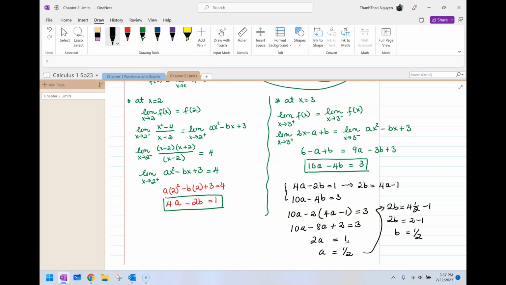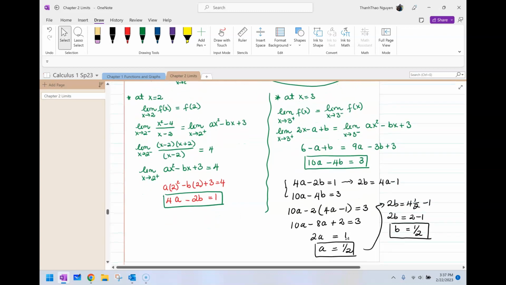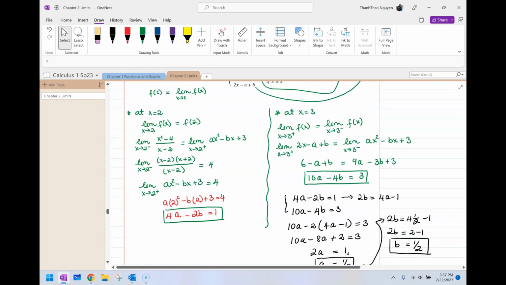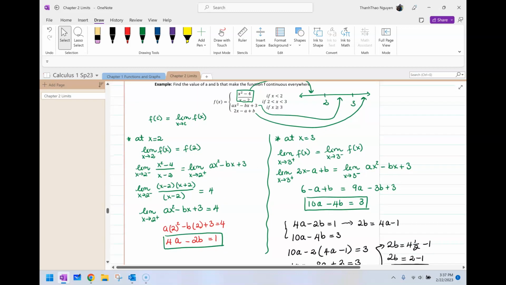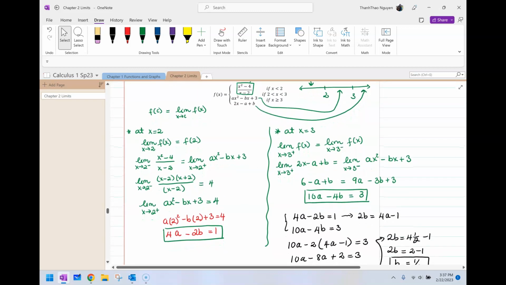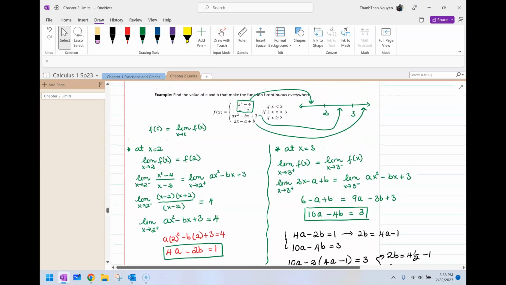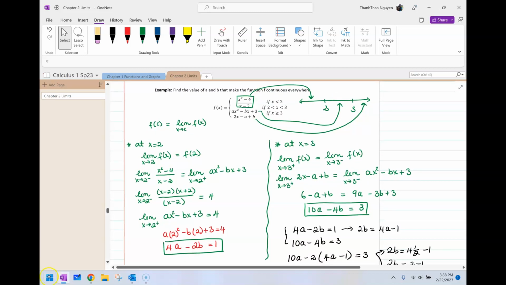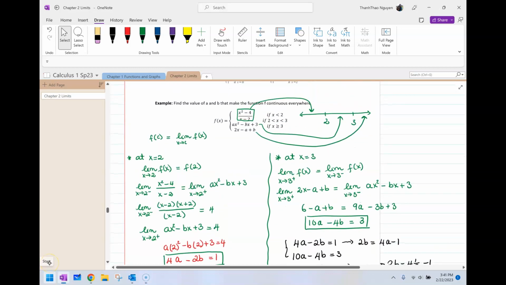So here's a and here's b. Let's double check with our function to make sure that we get what we want. What happens when x equals 2?